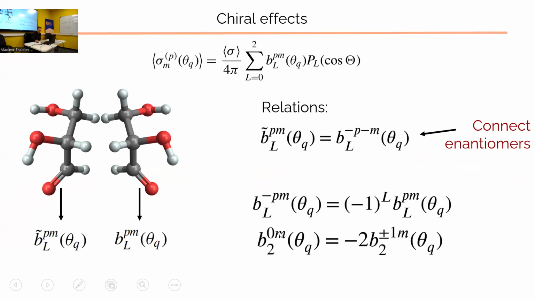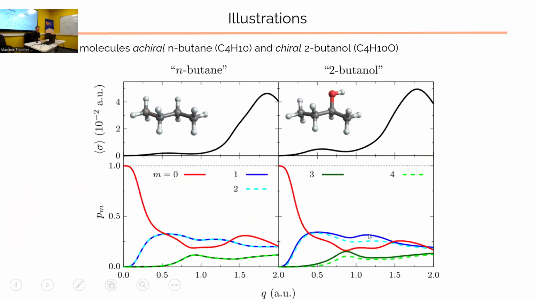And also if we have L equals 2 here, then there is a connection between linear polarized light and circular polarized light.